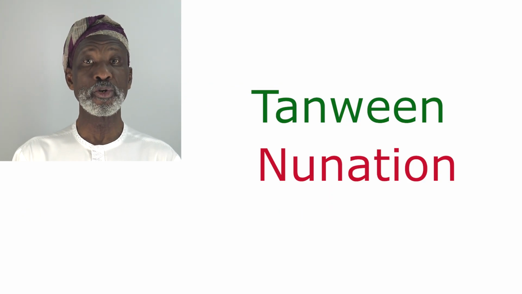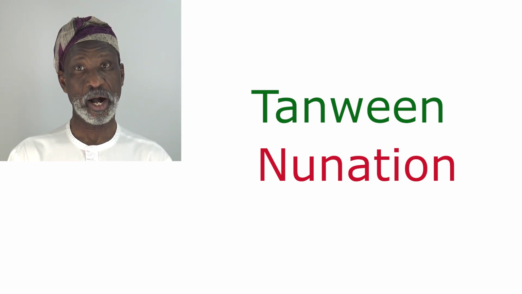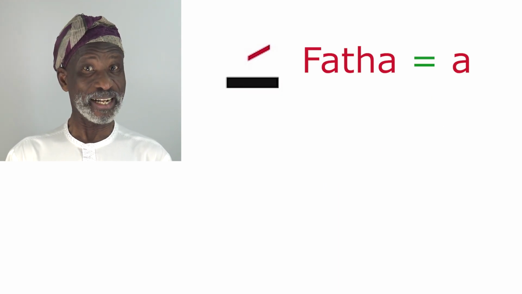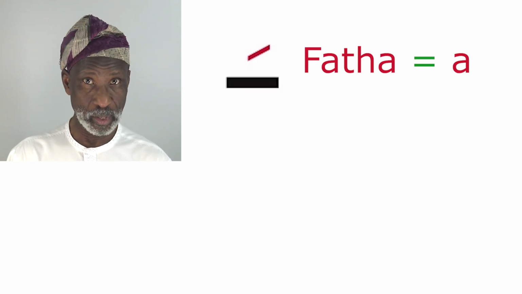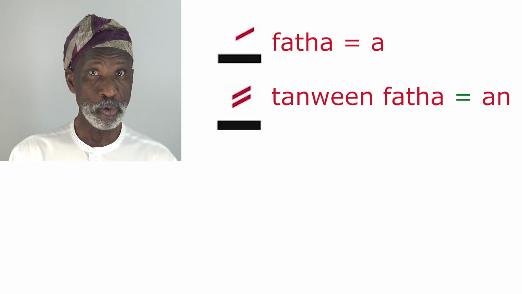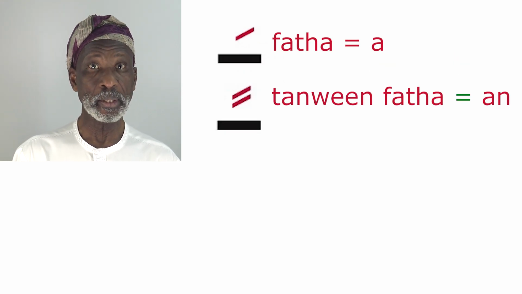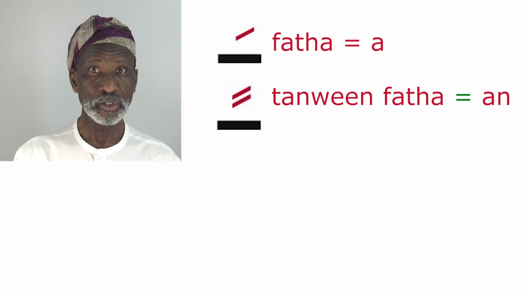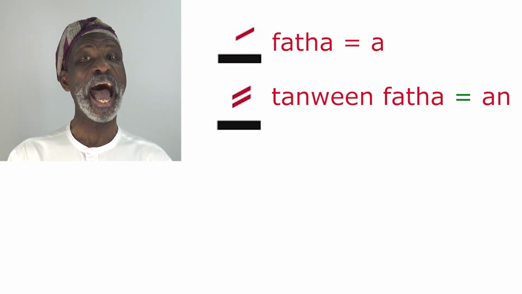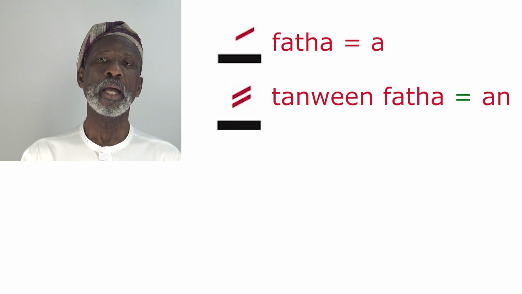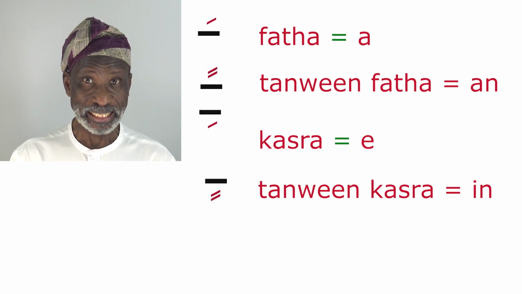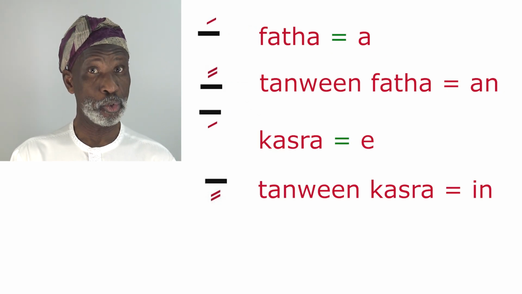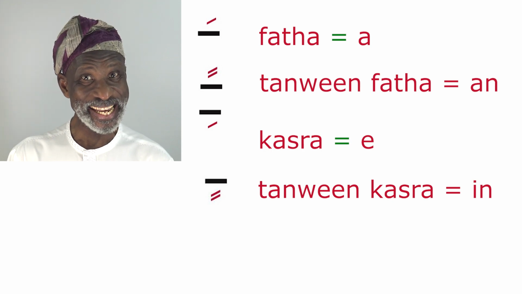Tenween is when you double the short vowel. For instance, fatha, which sounds a: if you double fatha, it becomes an. So Tenween fatha, an. And the short vowel kesra, which is e: if you double that, it becomes in.